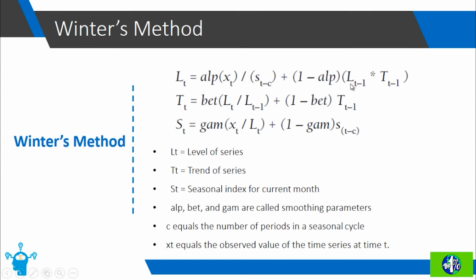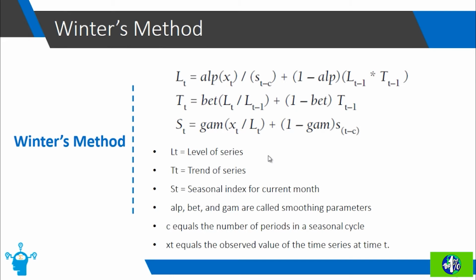Whereas if alpha is 1, only the effect of recent observation will remain and the older observations will be 0. Same goes with beta and gamma. So depending on where alpha, beta and gamma values remain, the relative importance of recent and older observations will come into the model.